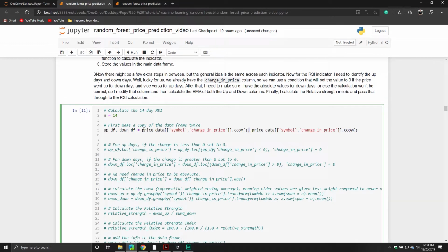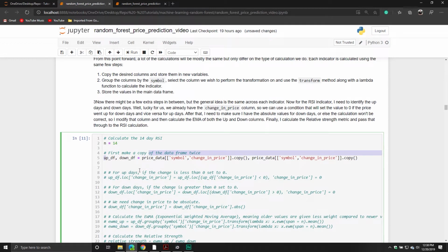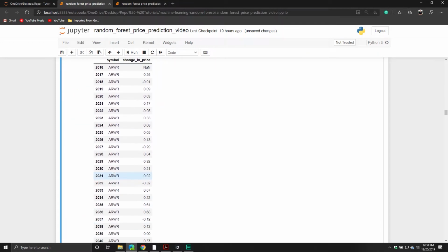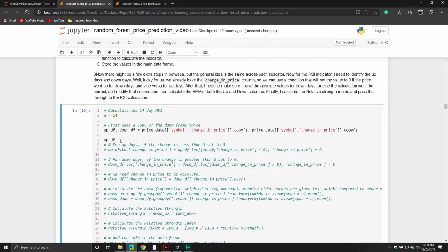I separate it by a comma because I'm specifying that I'm going to be doing this twice and assigning it to each one of these variables. Again, technically, you probably could have just done it one time and then adjusted X, Y, Z. But for our purposes, let's just try to make it as clear as possible and make sure you understand what's going on. So if I just show you what it looks like, you will see it's just those two columns. So at this point, we have copied those columns twice.